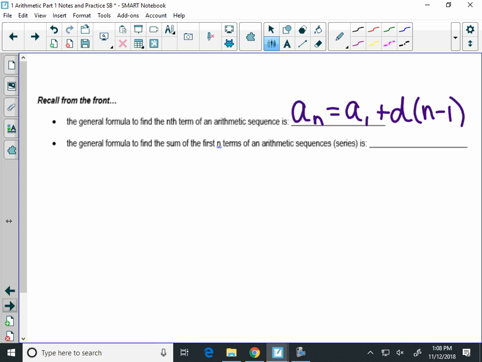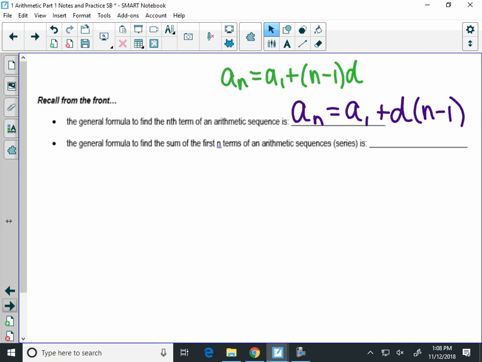Now when we were on the other sheet of paper, like the front, we had A sub n is the first term plus n minus 1 times d. They just had the d on the other side. I like putting the d first, but if you want, you can put the d on the right. It doesn't really matter at all. So that's the first formula we're going to use.